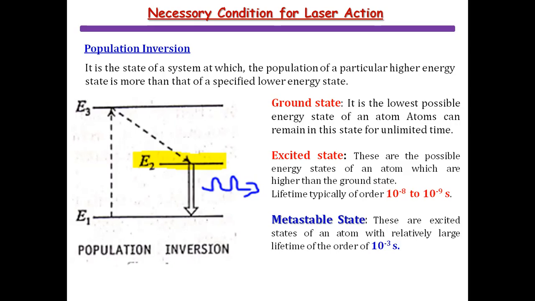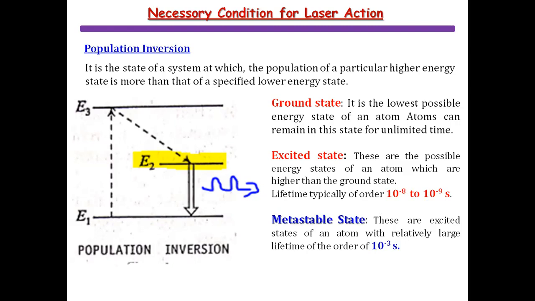And the lifetime of the ordinary excited state will be of the order of 10⁻⁹ seconds. That is, if I excite the atom from E1 to E3, this E3 is an ordinary excited state. The atom there will come back to the ground state within a nanosecond, which will not help us in obtaining laser.